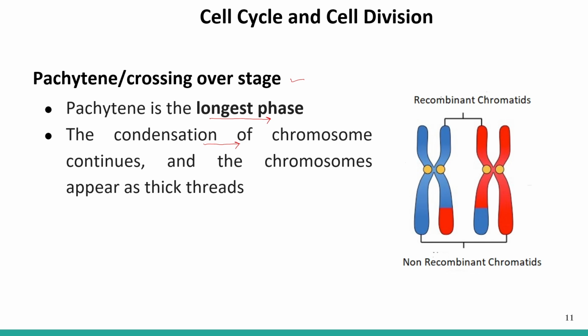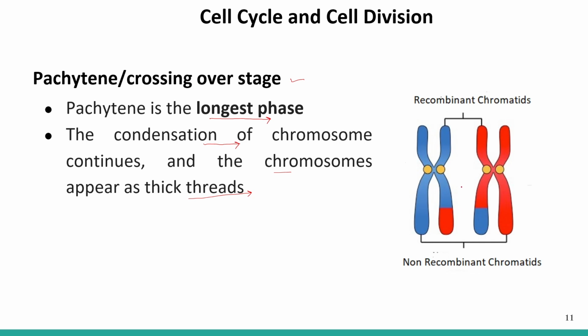Okay, so now what happens in Pachytene? Due to the condensation, the chromosomes appear as thick threads. Here you can see in this figure, again, this is a bivalent, which means it is a pair of homologous chromosomes, and in Pachytene, as I've already told you, crossing over takes place.